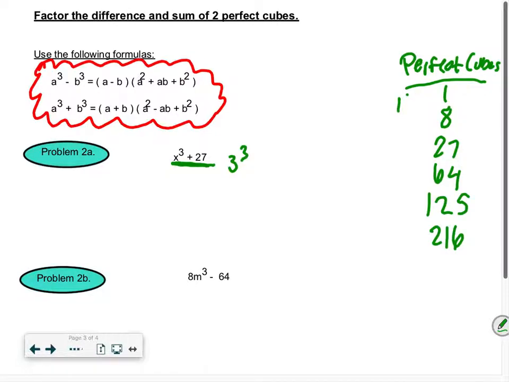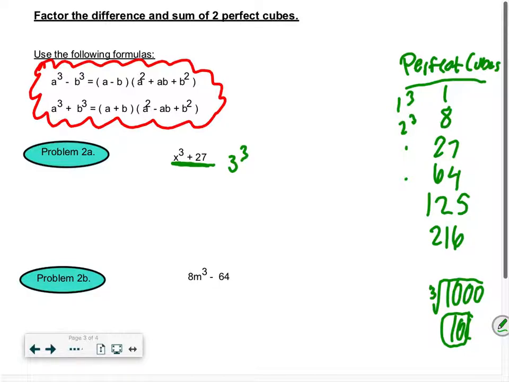So this is like 1 cubed, 2 cubed, etc. If you're ever not sure if a number is a perfect cube, like let's say you're given 1,000, you can take the cube root of it on your calculator and you would get 10, because 10 times 10 times 10 is 1,000. How do you put that in your calculator? I'll show you a button later.